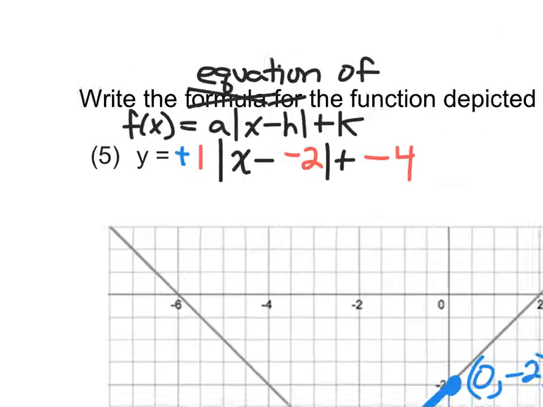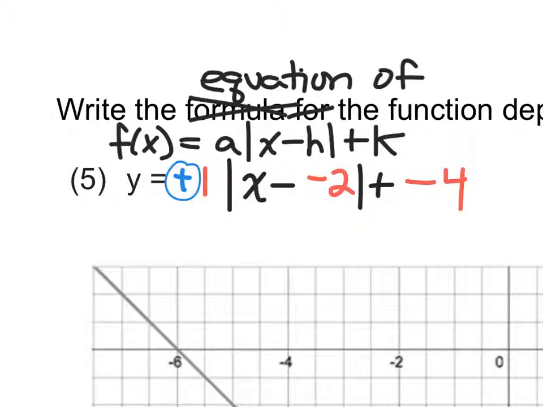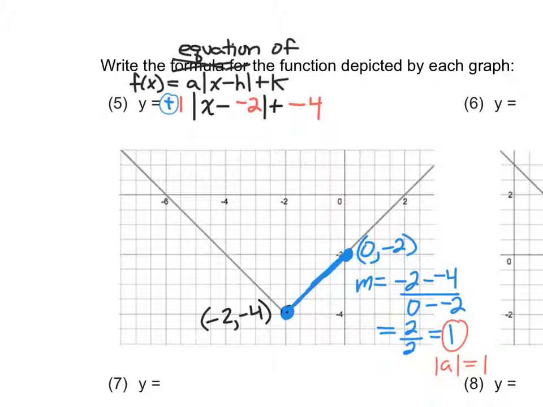That plus sign is coming from what? It has nothing to do with the slope. It has to do with not stretch or shrink. It's along the lines of minimum or maximum. It has to do with orientation. The fact that this absolute value graph is opening upward gives that a positive sign.